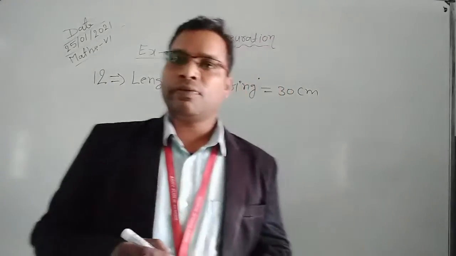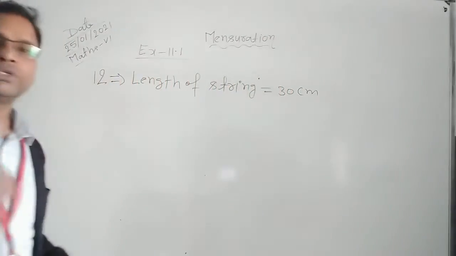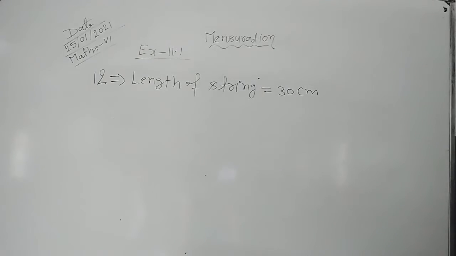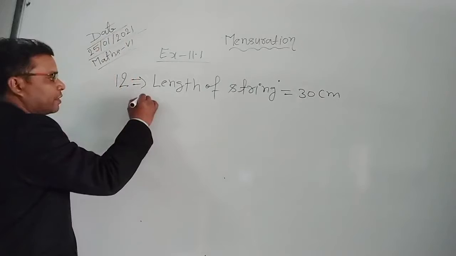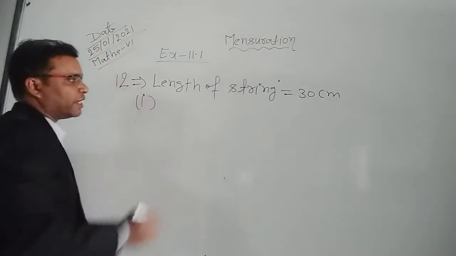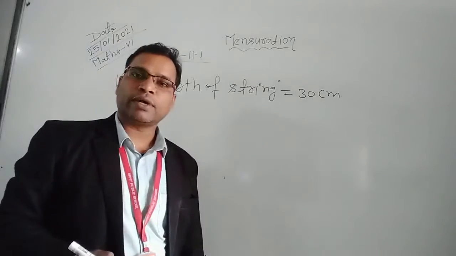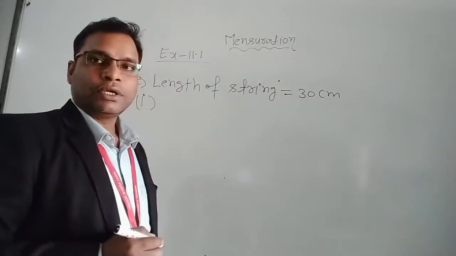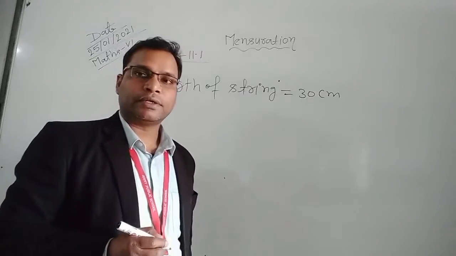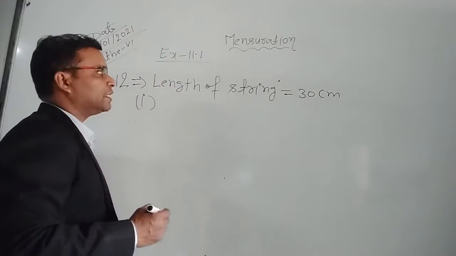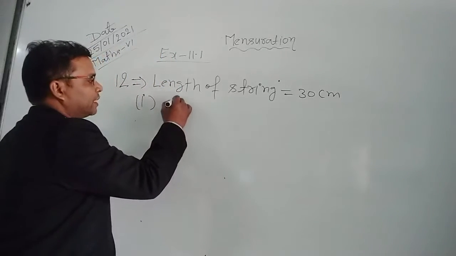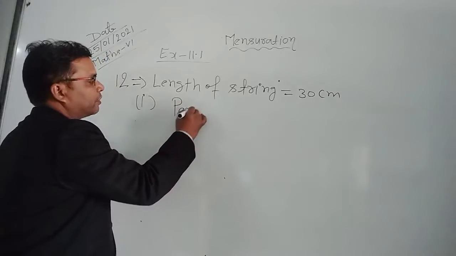Okay, so we need to find the length of the side of the square. So first we form the square from this string. So before it, first write perimeter of square.